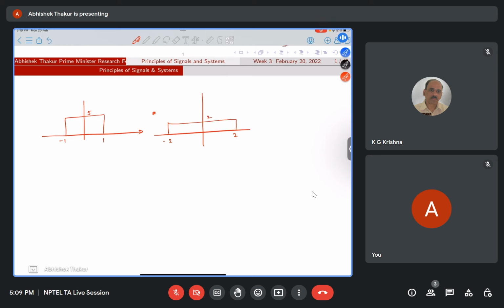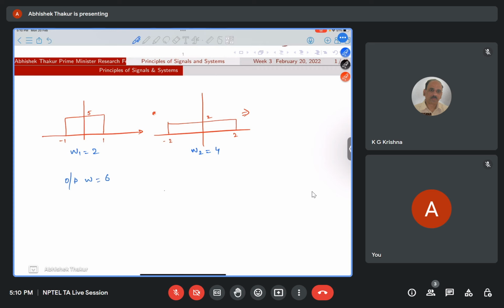So first of all, what will be the duration of the output? The duration of the output will be the sum of the widths of both input pulses. The width of pulse 1 is 1 minus minus 1, that is 2, and the width of pulse 2 is 4. So the output width will be 6.